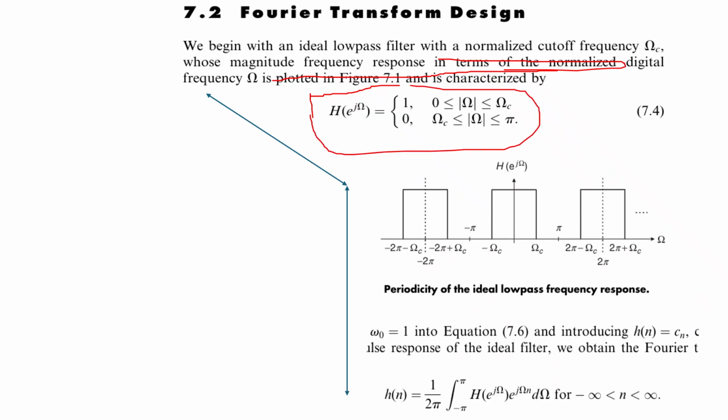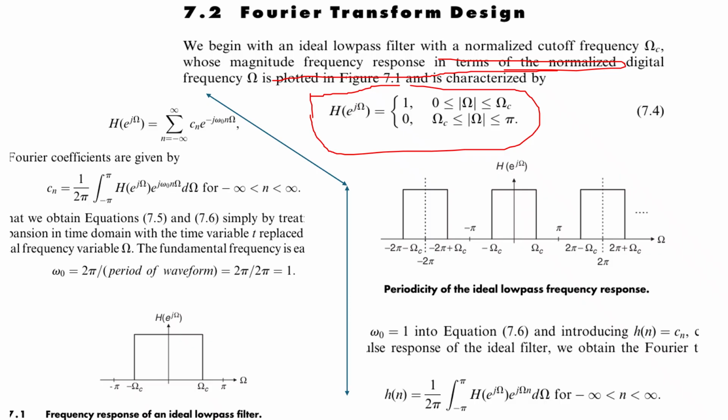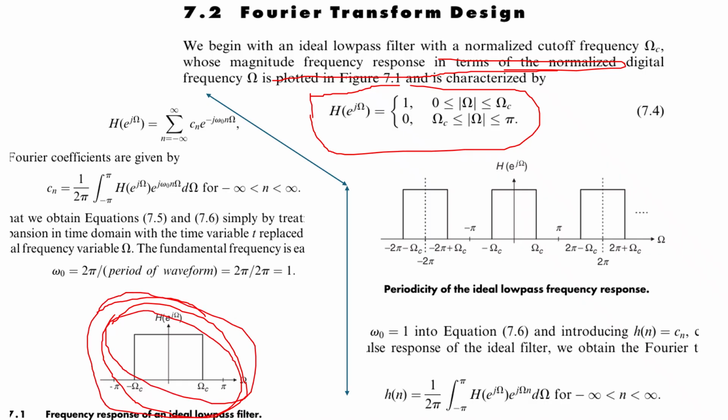The major thing is that here we have one rectangular function, but if you are going to design the FIR filter, we have to combine multiple rectangular functions. Why? Because you are going to add multiple impulse responses. Suppose we are adding one impulse response which has the frequency range of minus omega c to plus omega c, right?